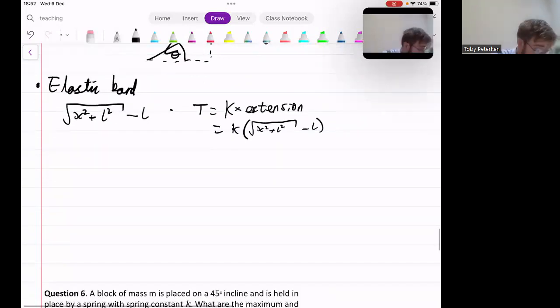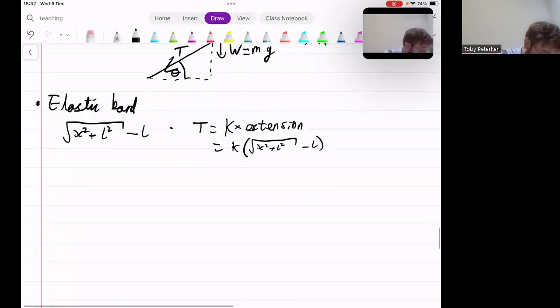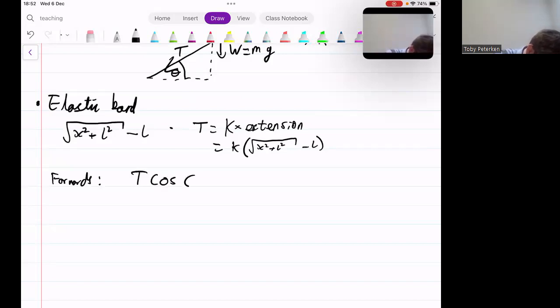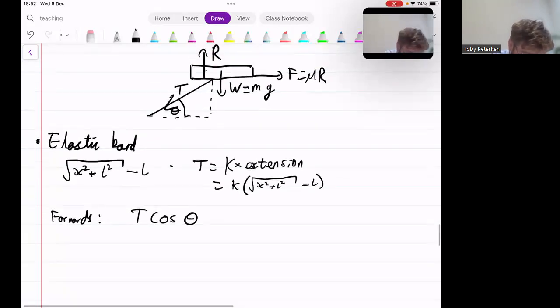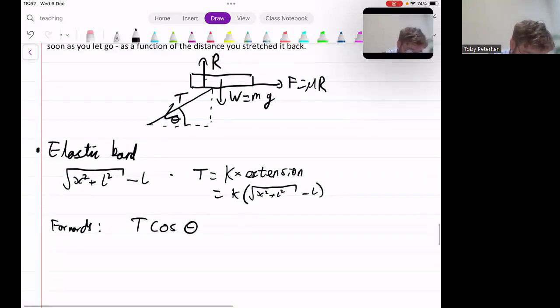So let's look at the force in the forwards direction. We have T cos theta. But we don't know what theta is.